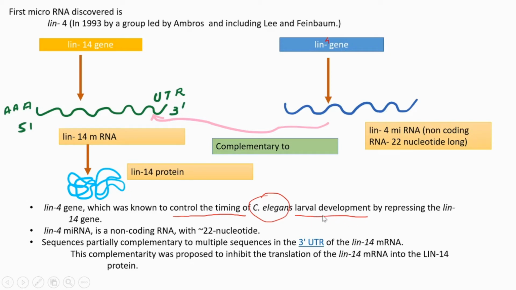At what stage it needs to proceed to the next stage is determined by this Lin4 gene. If that gene doesn't work properly, the progression of growth proceeds without proper development. Clear? So that much important is the Lin4 gene.